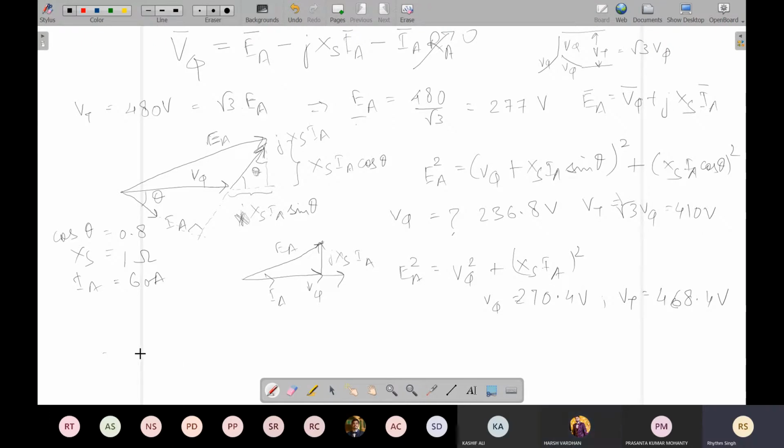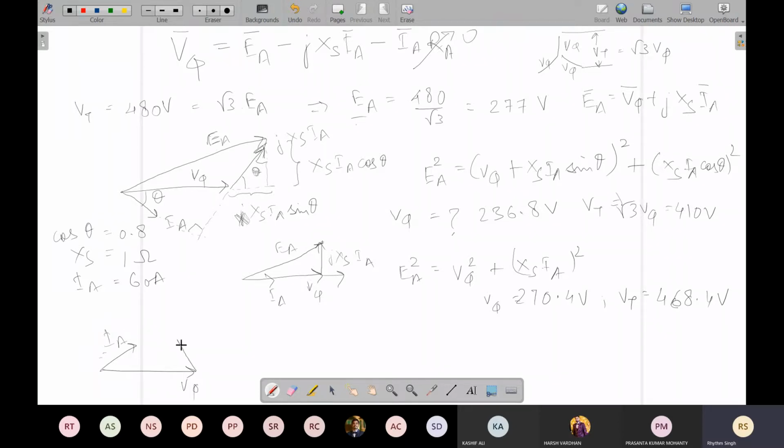So now let's go to the third part of this, where you have your V phi like this, and your IA now is leading. So this is your IA, and J axis IA will be perpendicular to this and leading, so in that particular direction.